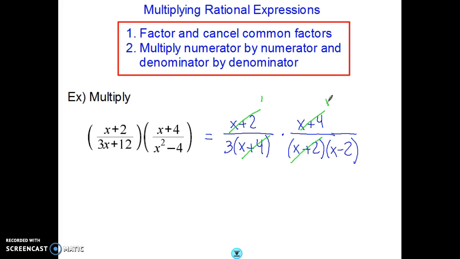All we have left now is the entire top has become 1. So our numerator is just 1 times 1, which is 1. Our denominator is 3 times x minus 2, which is, if we distribute, 3x minus 6. And now we have our simplified answer for our multiplication.